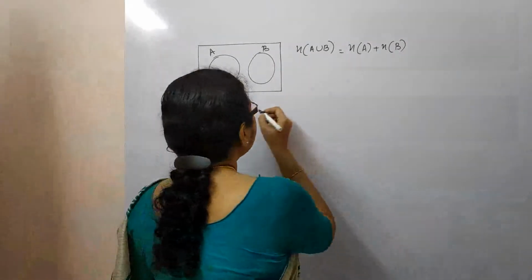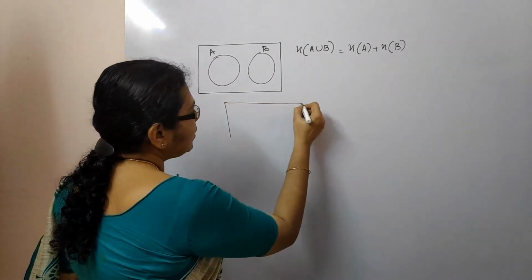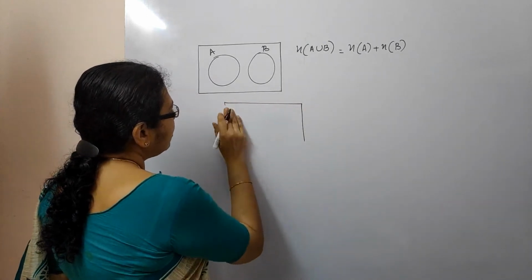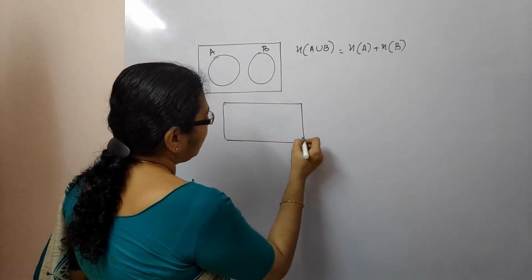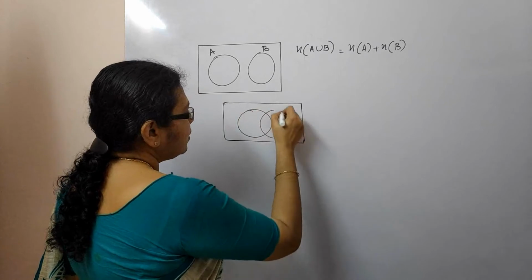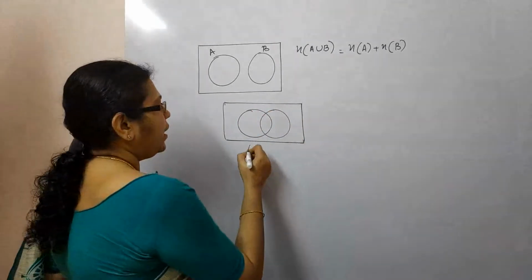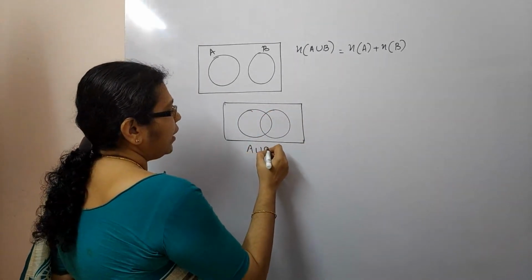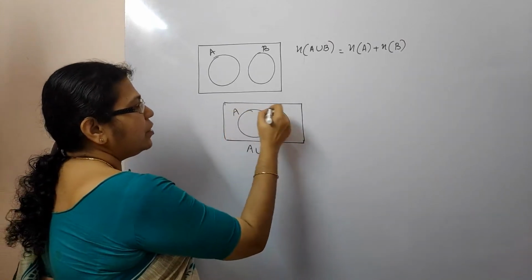Now, what if A and B are not disjoint sets? Suppose they are not disjoint, that means there is something in common. So here, this is how the figure comes, A union B when they are not disjoint.